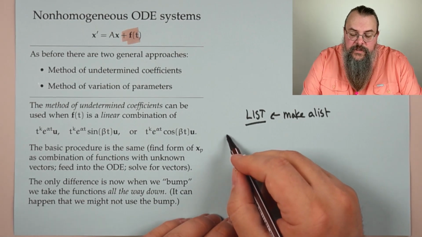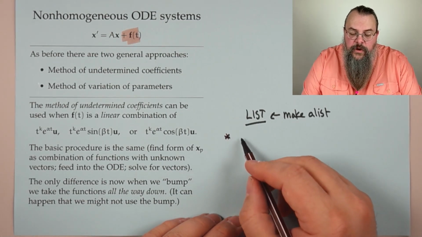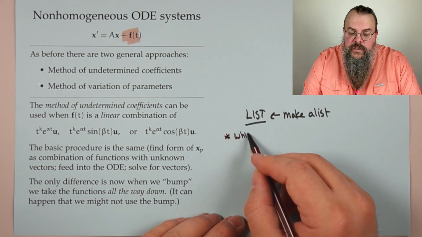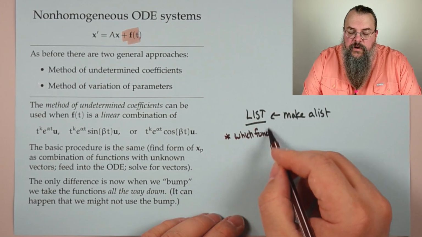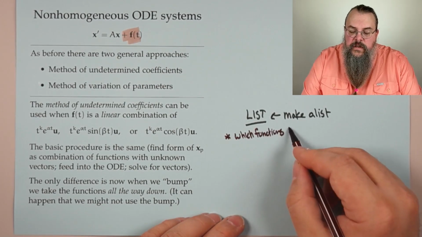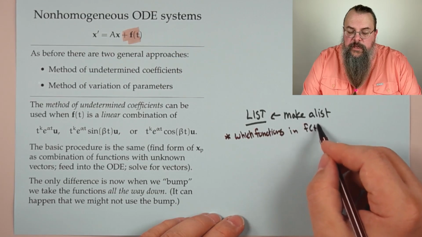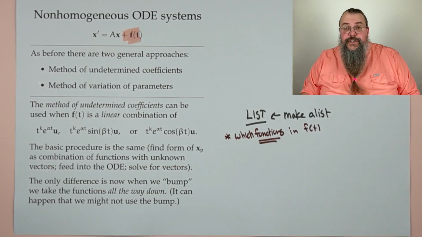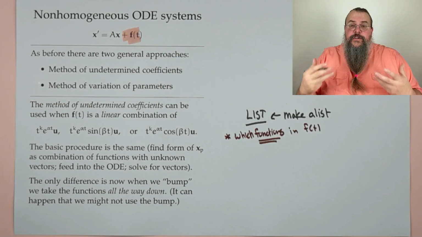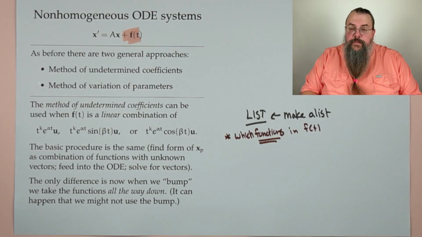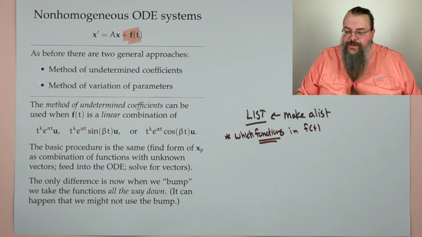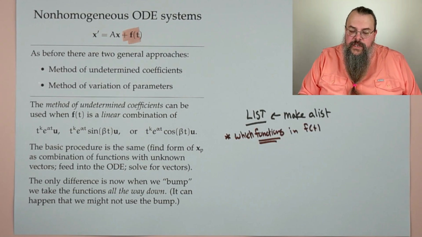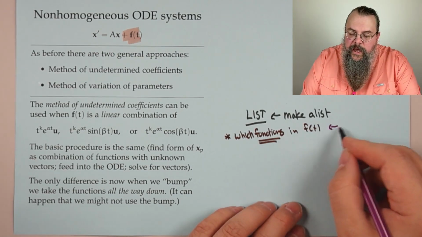All right, so how do we go about making our list? Well, the first thing to do is to ask which functions are involved in our f of t. Emphasis on functions. And to help us, the first thing you should do, and I strongly encourage it, is pull f of t apart.